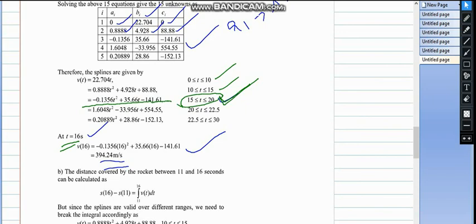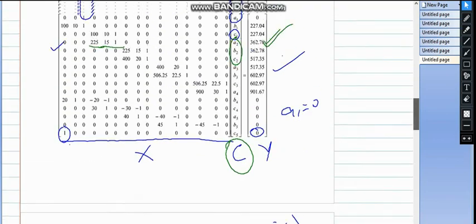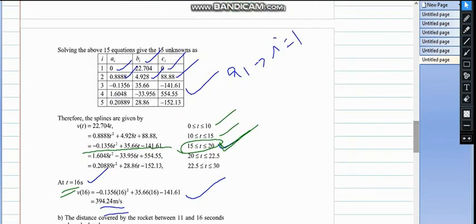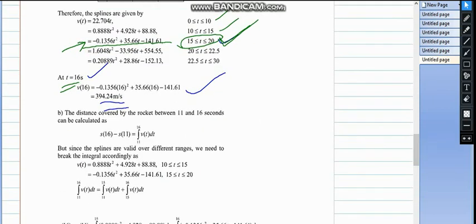Okay, so we have solved this matrix and found A3, B3, C3 from here, and we have substituted these values in this equation, and we have the entire spline equation with different values of t. We substitute t equal to 16 in that equation. Then we will get 394.24 as our y value, or the velocity at t equal to 16 within that time range.